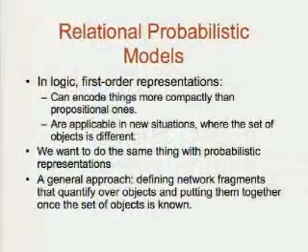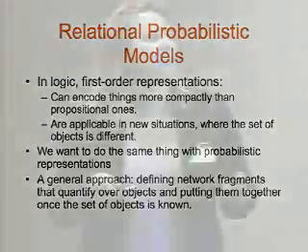All right, more interesting stuff. Relational probabilistic models. So these are an extension of Bayesnets in a way. The reason why we add this relational stuff to Bayesnets is a lesson we learned with logic.